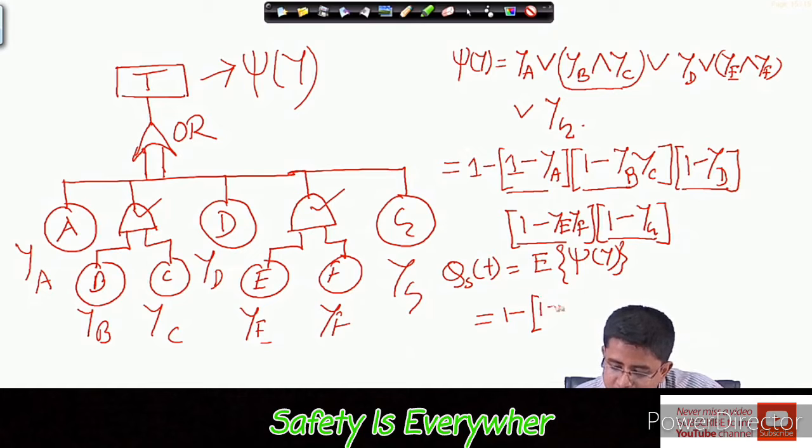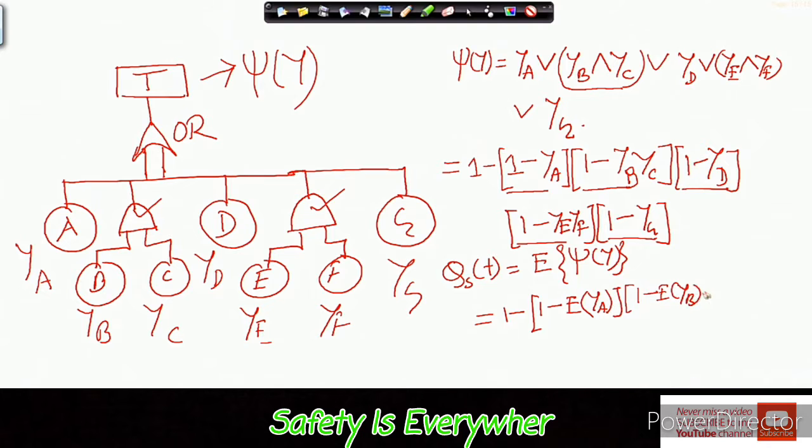So, we can write 1 minus expected value of ya, into 1 minus expected value of yb into expected value of yc, into 1 minus expected value of yd, into 1 minus expected value of ye into expected value of yf, and 1 minus expected value of yg.